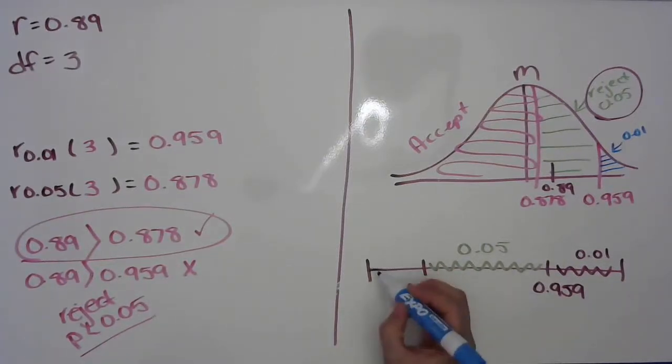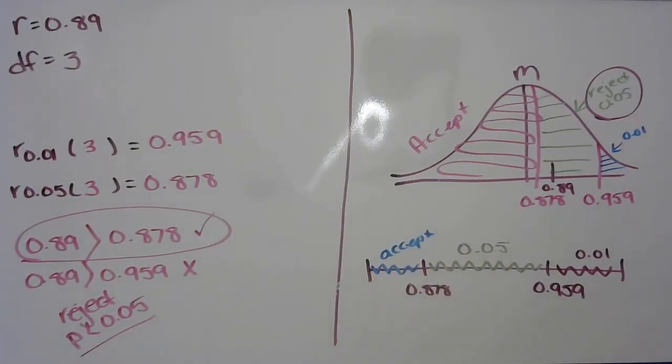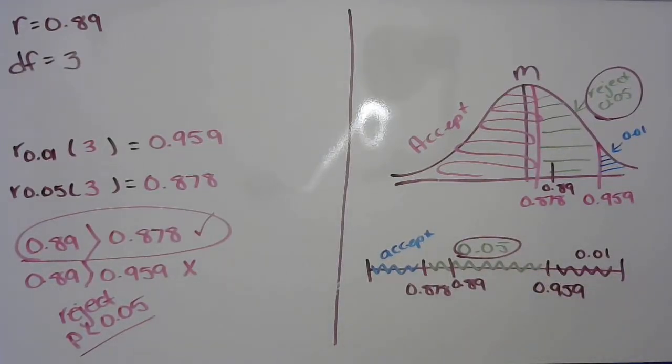And then anything here is accept. And then you go ahead and do the same thing. So you're going to take your R value of 0.89. You're going to put that right here, 0.89. And that is within the 0.05 range. And so you reject at 0.05. Congratulations, you just did a Pearson R.